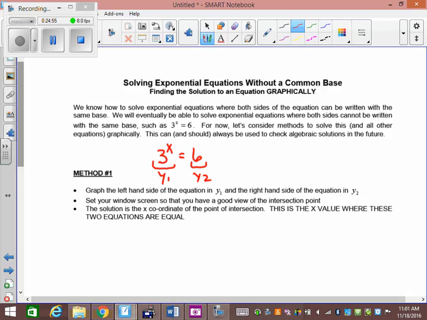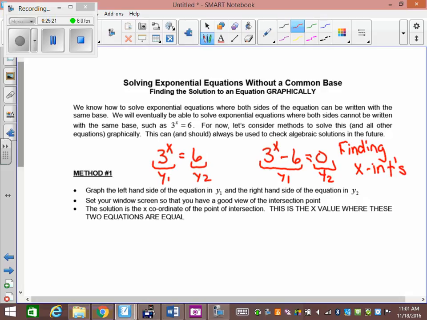Or, that's method 1. Or we could move it over, 3 to the x minus 6 equals 0, and find the x-intercepts, right? Because your Y2 would be 0. So that would be you're finding the x-intercept. If ever you can get an equation equal to 0, you're finding the x-intercept.